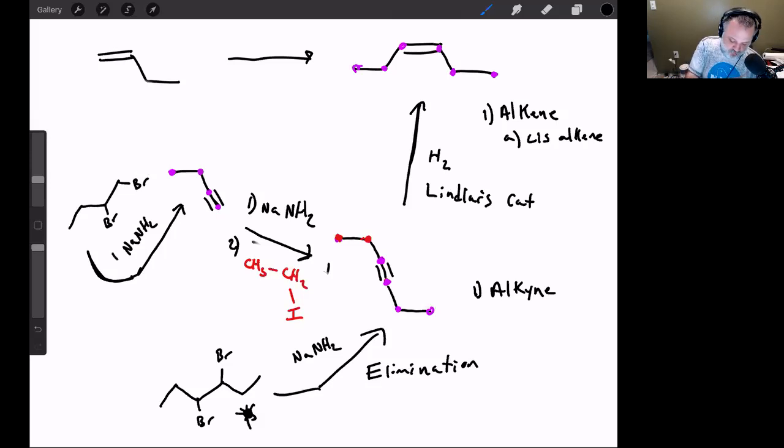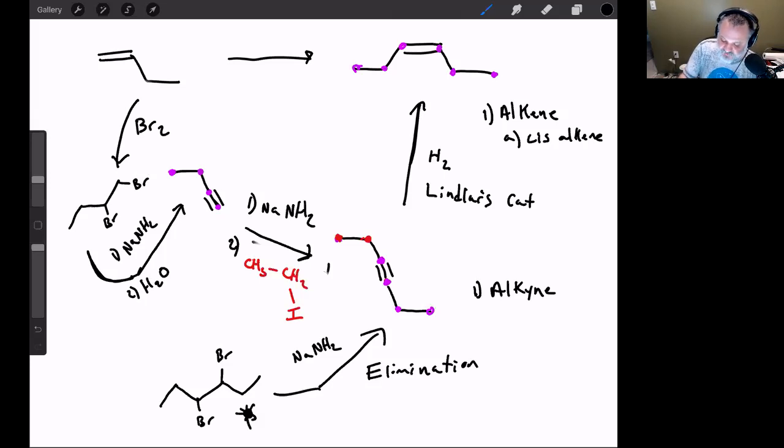Now, since it's terminal, I'm going to need water to reprotonate it. Can I do this? What was right before that? Can I form the dihalide from the alkene? And the answer to that question is yes.